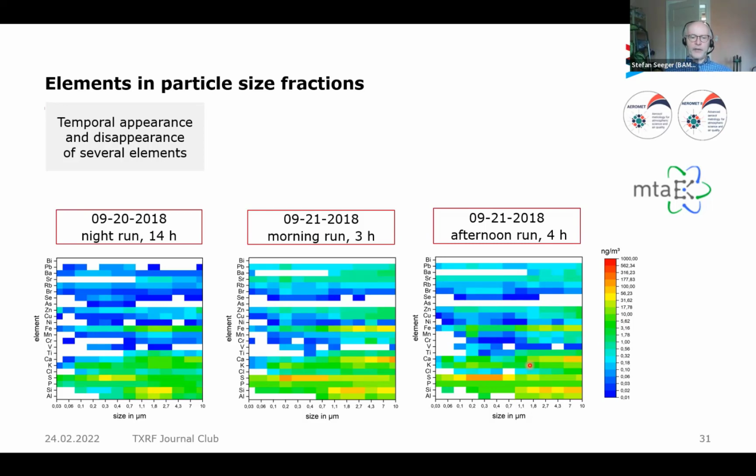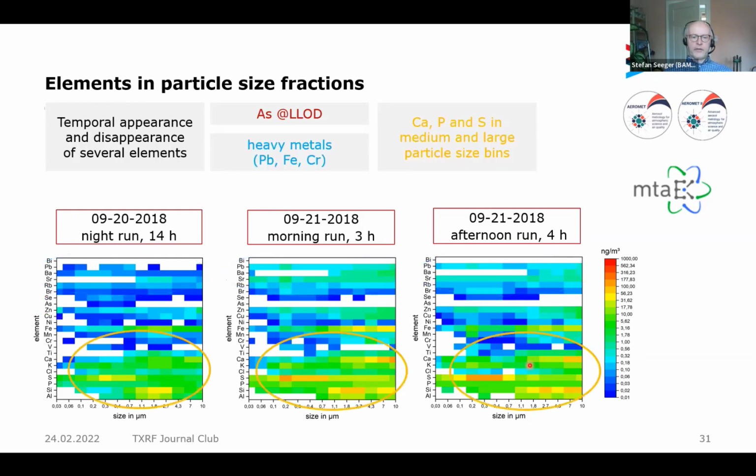That is nice if you want to follow local emission sources, which have probably a very significant emission profile in terms of elements. You may then be able to distinguish that specific contribution from a background contribution in the aerosol pollution, which may come from other sources. Okay, I'll just go through that very quickly.